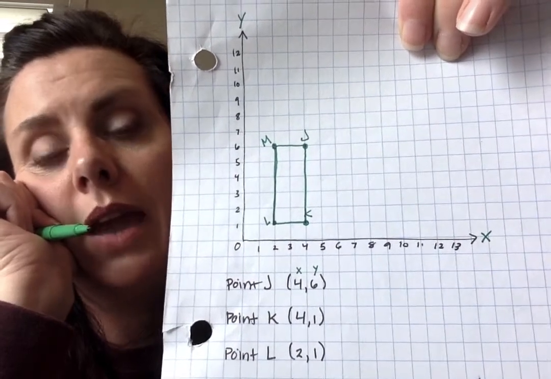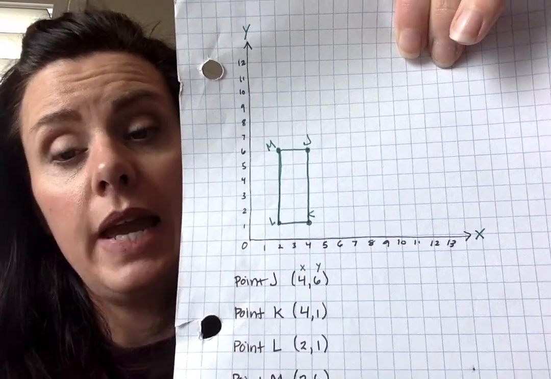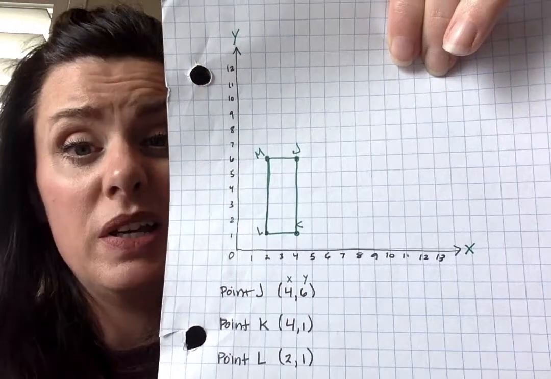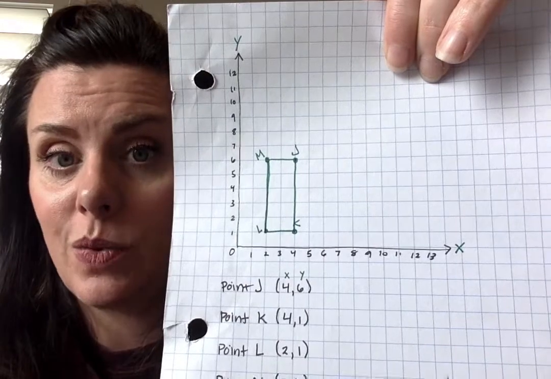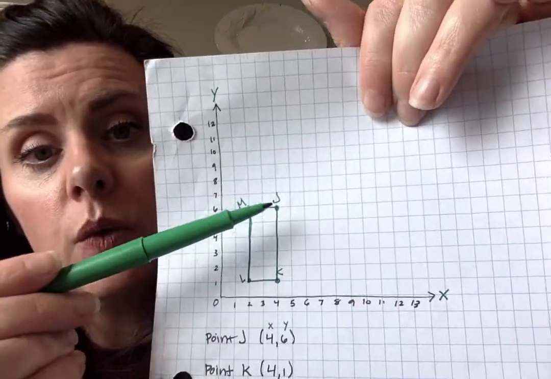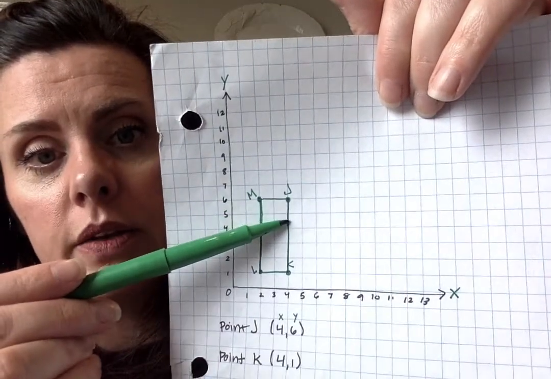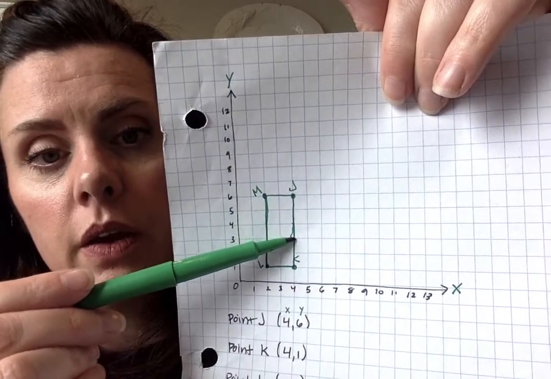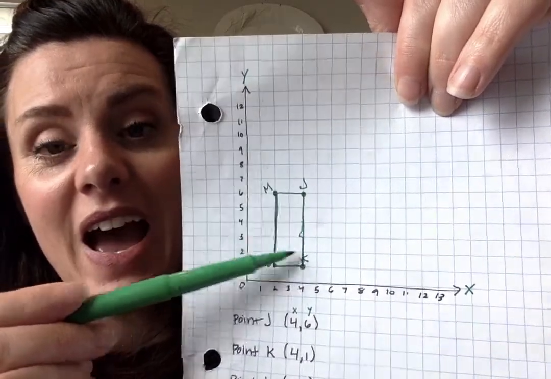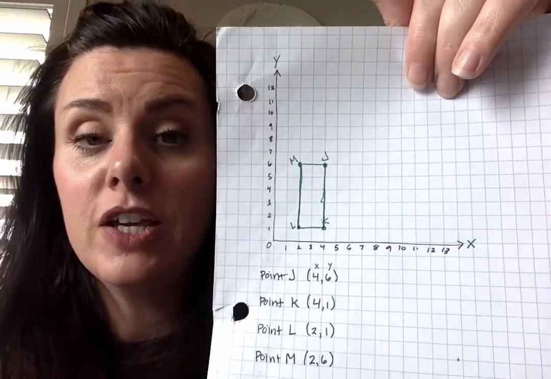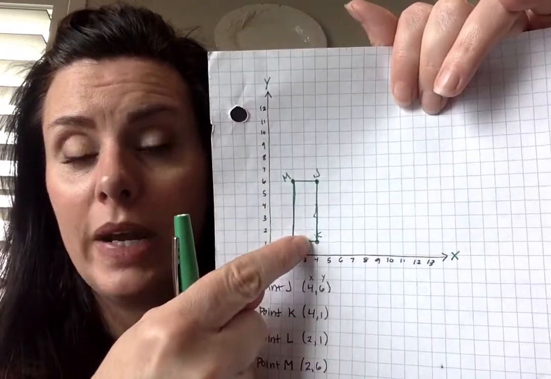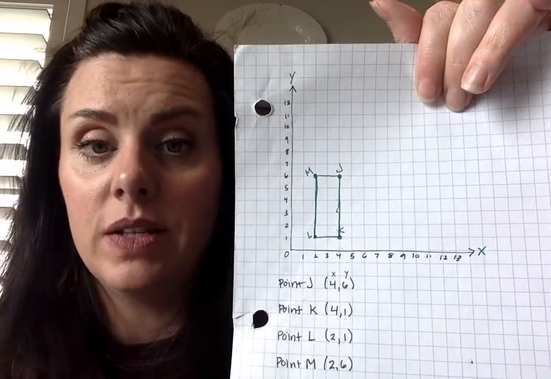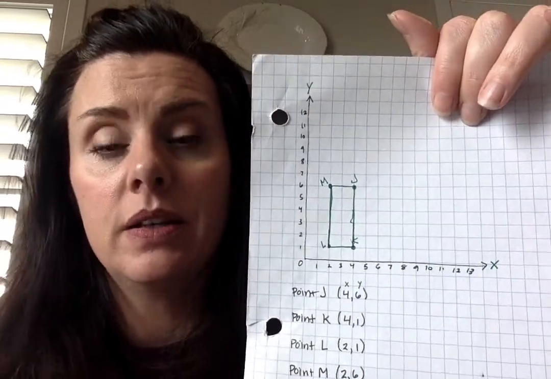What is the length? Anytime we talk about length, we're talking about a type of measurement, right? And what we're measuring here is unit squares. So let's see, what is our length? We've got 1, 2, 3, 4, 5. 5 units is our length between point J and point K. We could count that.